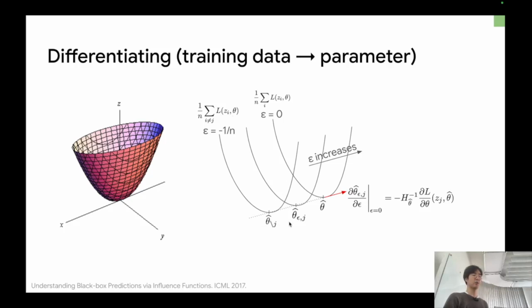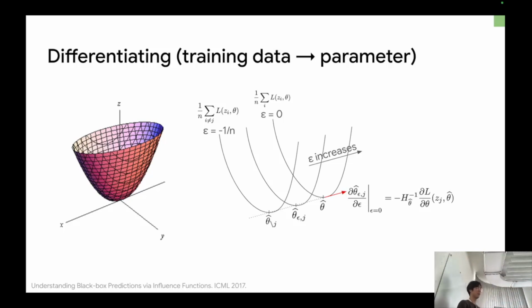And the optimal points for each case are respectively theta hat minus j for this one and theta hat for the original function. So the quantity of interest now is the rate of change of theta hat as epsilon goes from -1/n to 0. And that is exactly this direction here. Let's say the planar axes here are the theta space, the weight space.